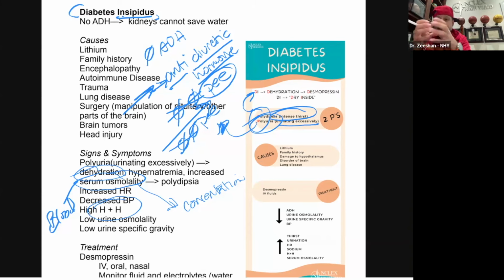Which means in that specimen where the person is peeing out a lot and it's dilute, we have to look at how gravity works on the particles in the urine. And that is specific gravity. If something is dilute, is gravity going to work on it hard?